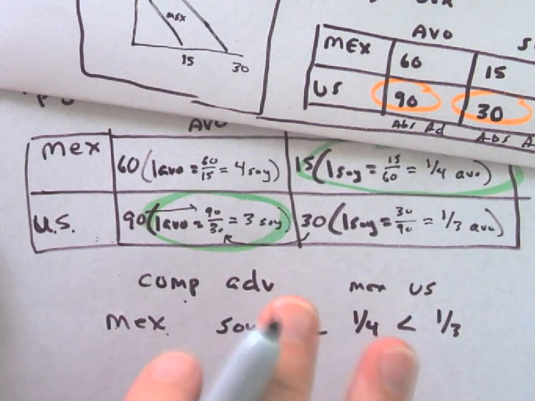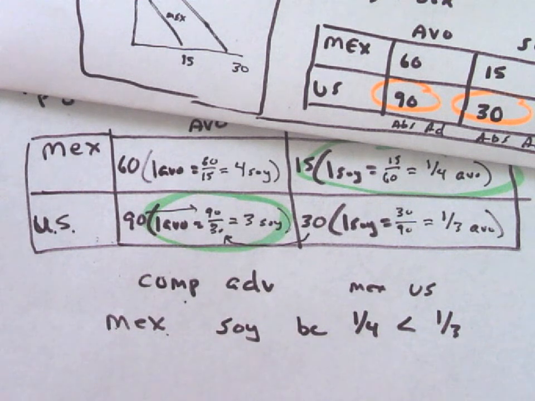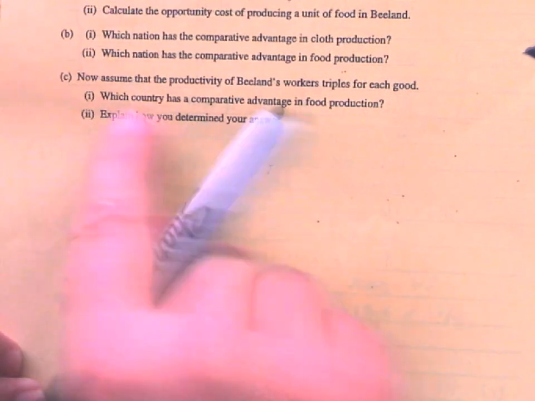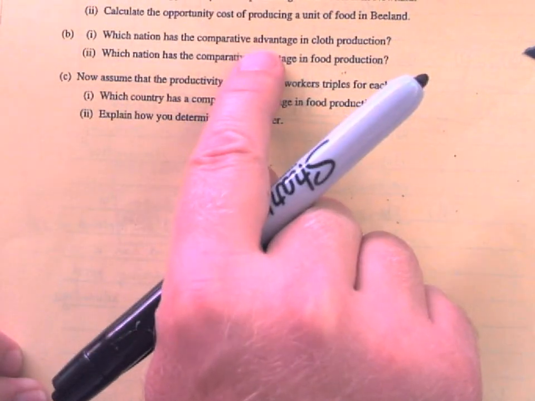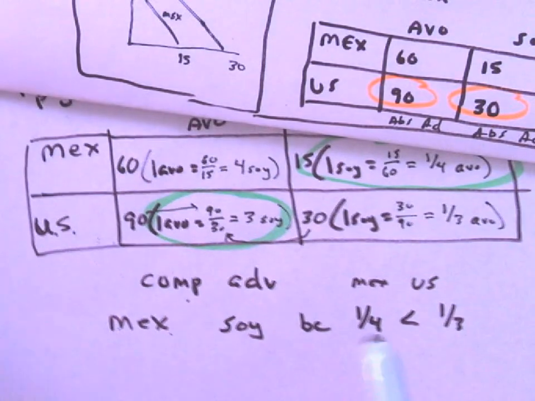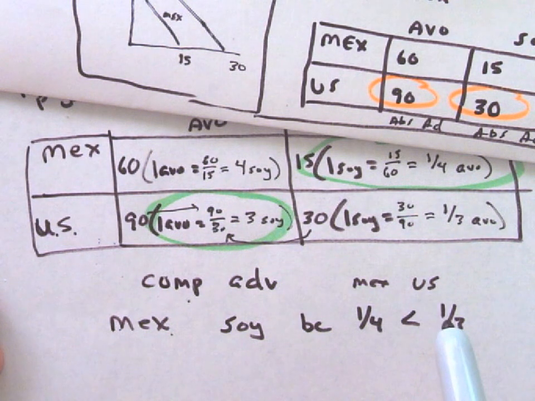So when you write this out and explain it, which you will have to do to earn points, anytime it says explain your answer, so something like this: what is a comparative advantage? Explain. If it does not say explain, if it says which has comparative advantage, literally just write the answer. If it says explain, you're going to have to say 1/4 is less than 1/3.